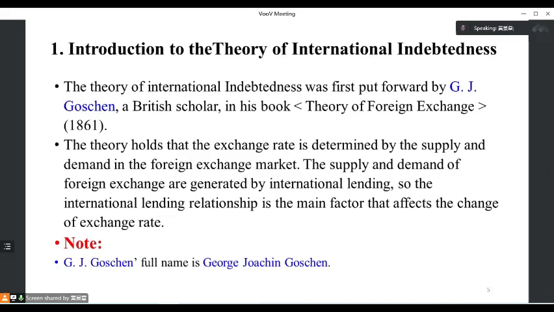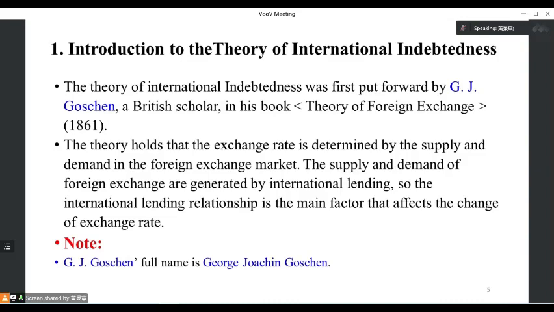What are the contents this scholar tells us? That exchange rate is determined by the supply and demand in foreign exchange market, and the foreign exchange supply and demand are generated by international lending.